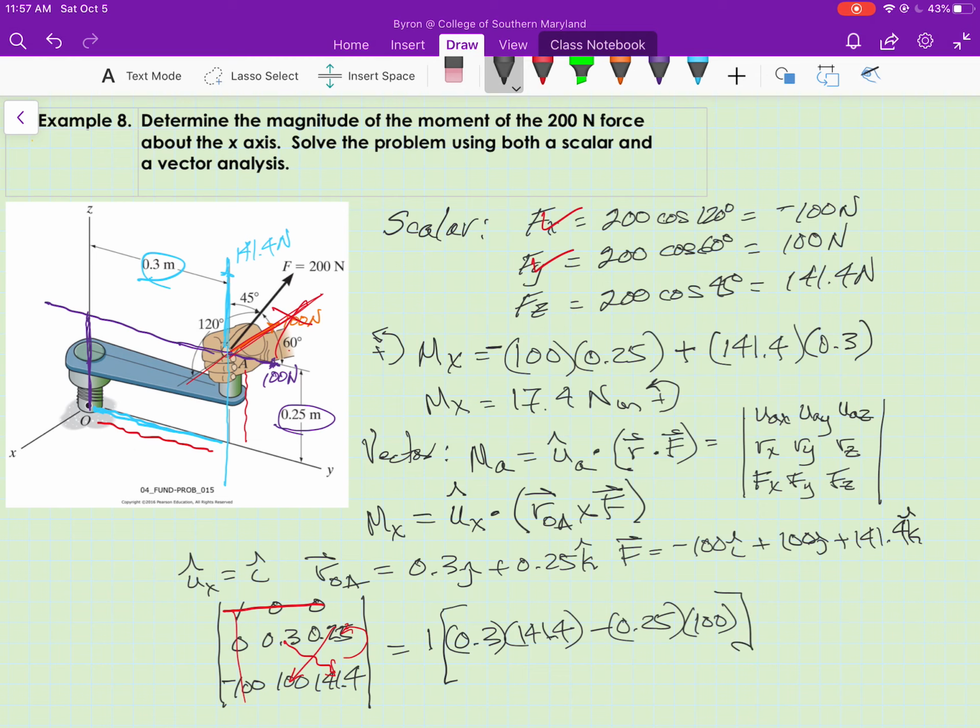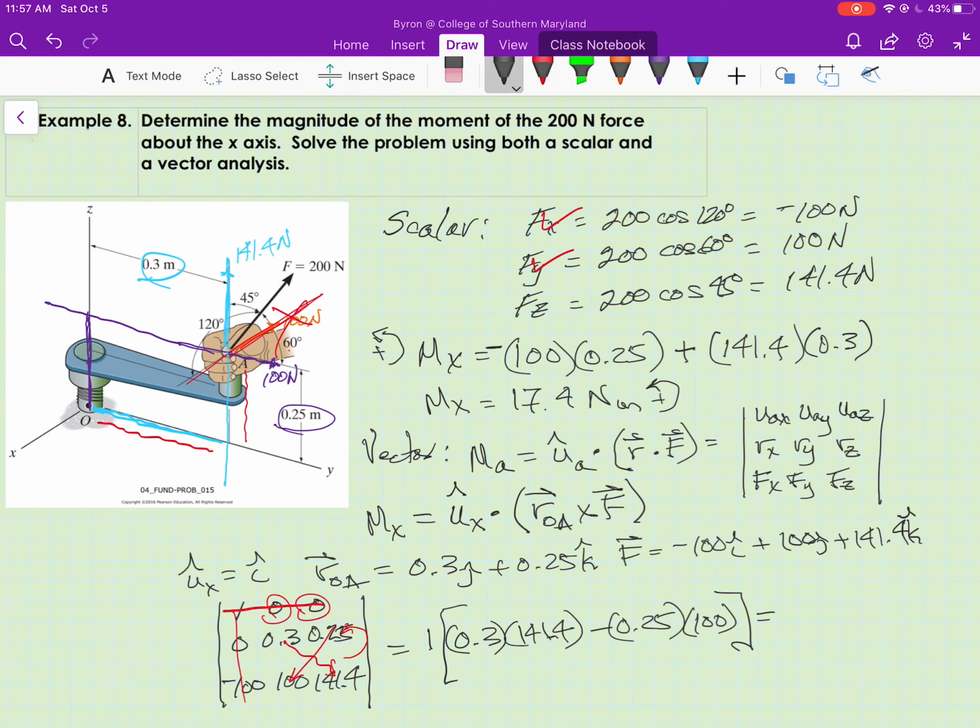And that's going to be it, because the j and k values of the unit vector are 0. So there's no more math to do from the determinant.